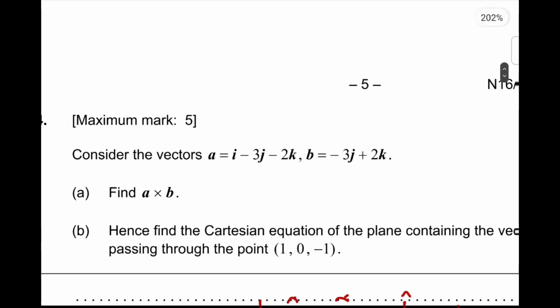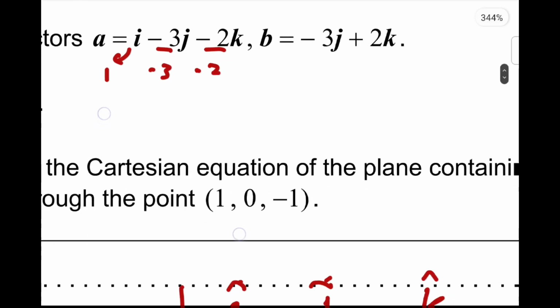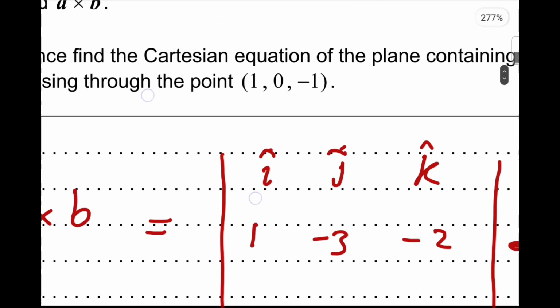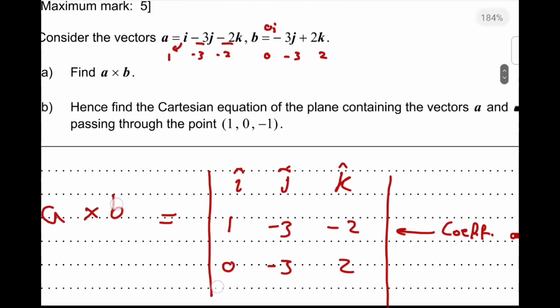Here I have 1, here I have minus 3, here I have minus 2. For b, there is no i, so it's 0i, so 0, minus 3, and 2. So we can place them below each other: 0, minus 3, and 2.